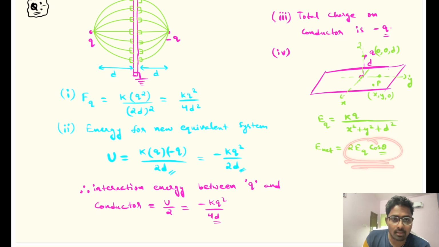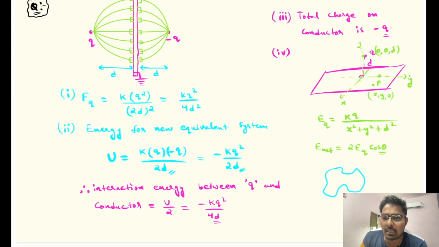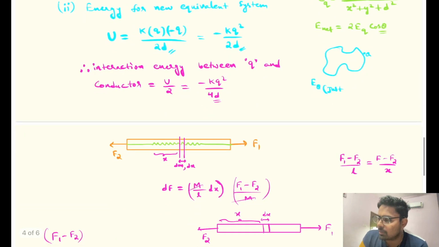Once you get this net electric field, to what value can you equate it? Here is one more important result from electrostatics for a conductor, whatever might be its shape: the field just outside a conductor is nothing but sigma by epsilon naught.